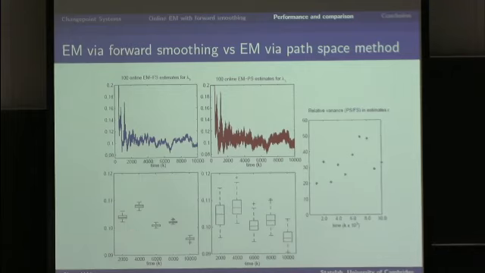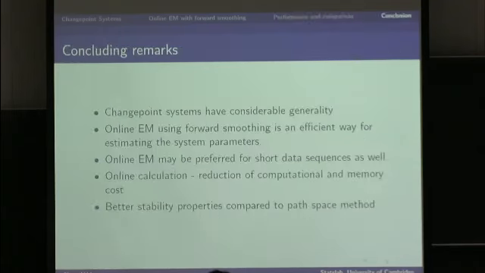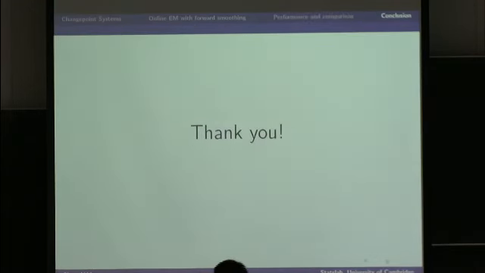You can see that our algorithm has much less variance, and you can see also from this relative variance that the relative variance of path space over forward smoothing is approximately 30 to 40. So okay, I'll skip this.